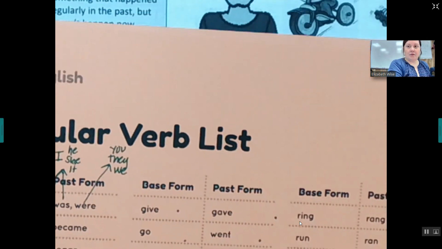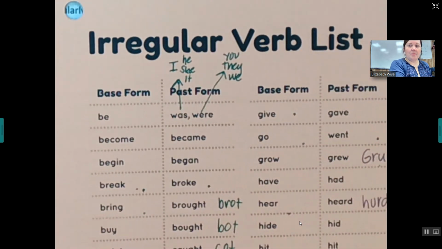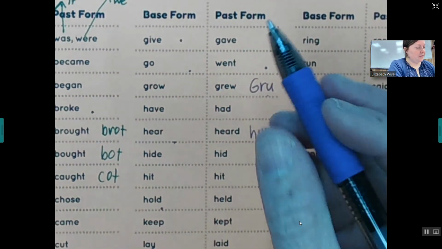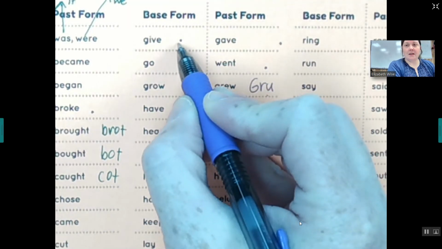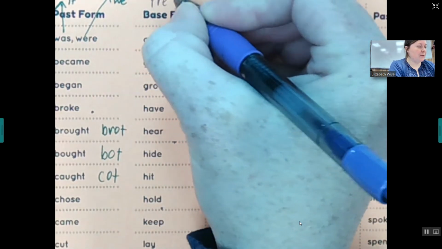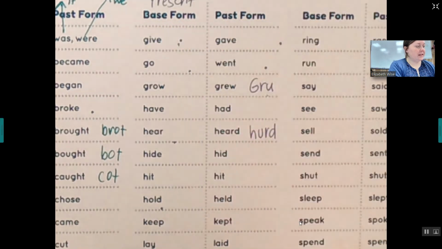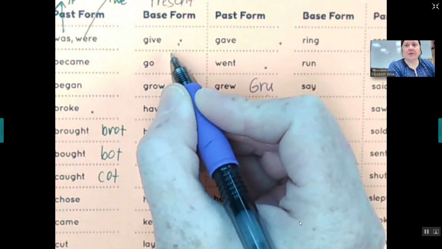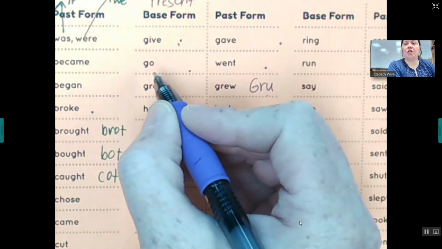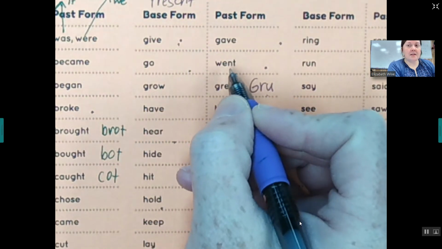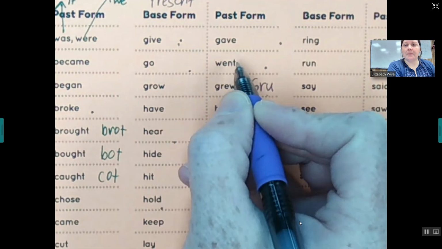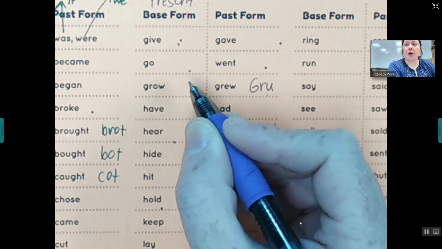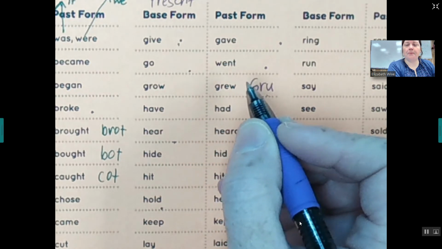And then I'm just going to go over the second column. This is that irregular verb list. We did the first column last week, and now we're doing the second column, which starts with give and gave. Remember, this is present, the base form, and this is past. Give, gave. Go, went. Grow, grew.